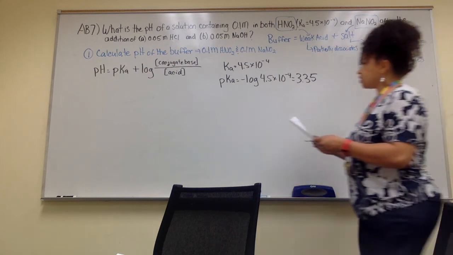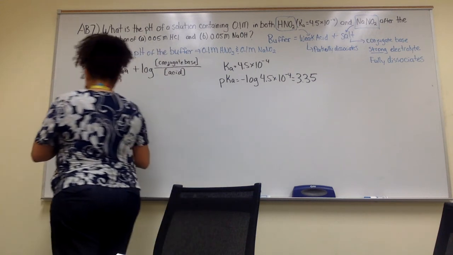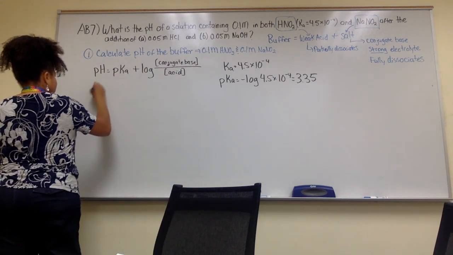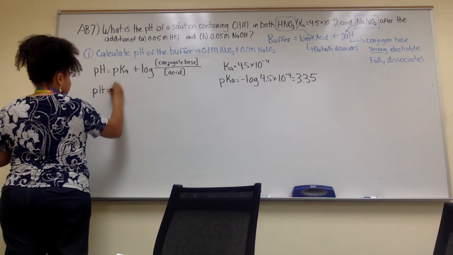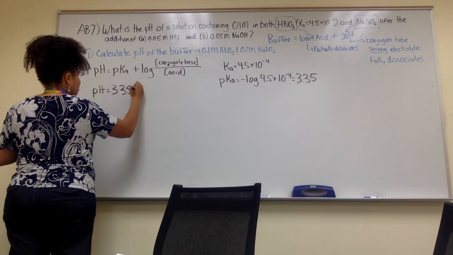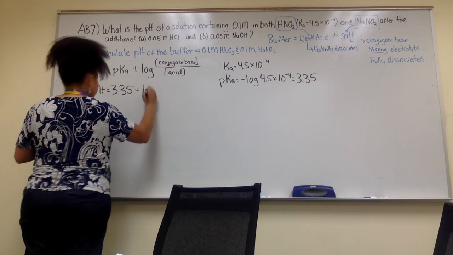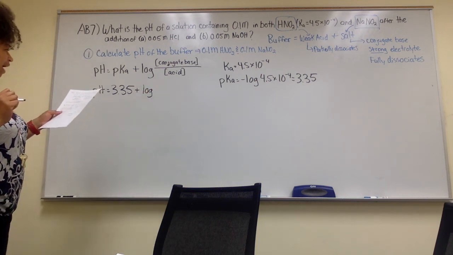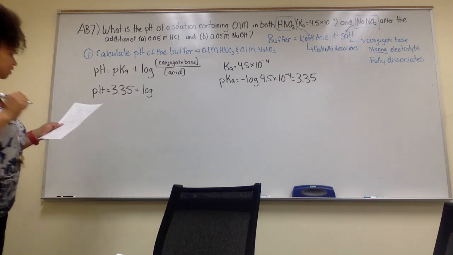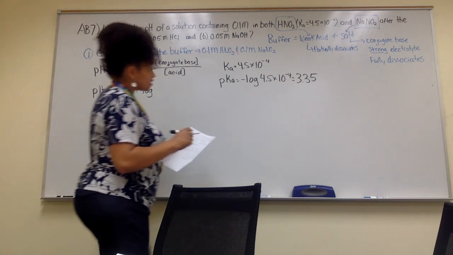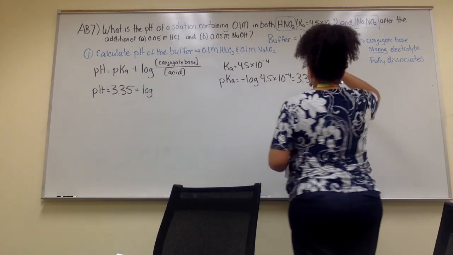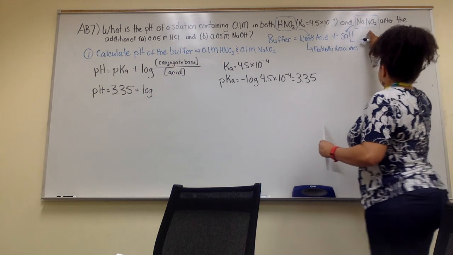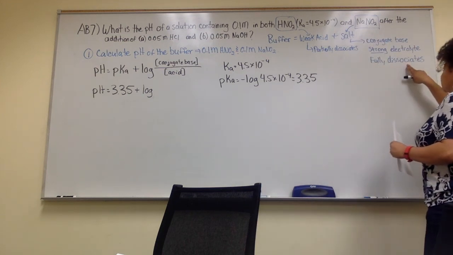Now we need the other stuff. So let's look at putting information in. For the Henderson-Hasselbalch equation, we have pH is equal to 3.35 plus the log of conjugate base over acid. All right, so what happens? We've got weak acid that partially dissociates, and we have strong electrolyte that fully dissociates.